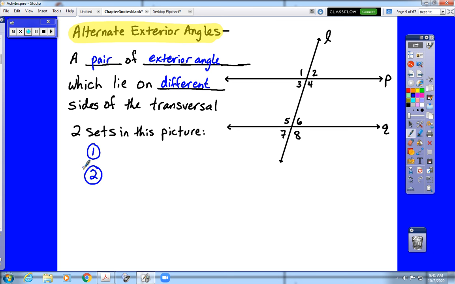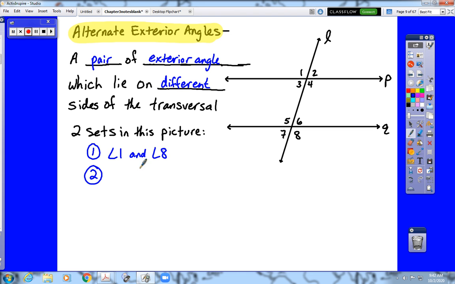Angles 1 and 2, they are on different sides of the transversal, but that's a linear pair. Those are not alternate exterior angles. Alternate exterior angles would be 1 and 8 or 2 and 7. Once again, I'm going to mark those up so we can see them. 1 and 8, that's one set, and 2 and 7, that is another set.